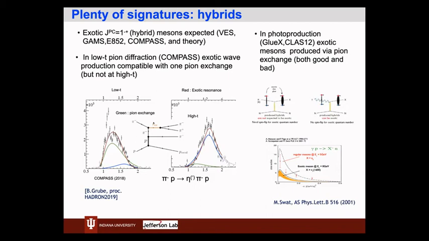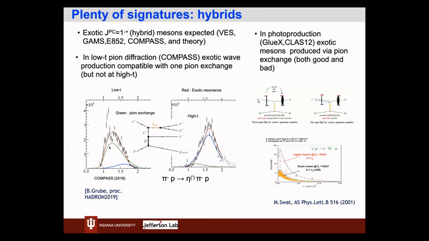Now, the complication of pion diffraction and measurement in the 3 pion final state is the presence of a large contribution from pion exchange, which gives a large background, in particular also a large background projecting onto the P wave. And this is clearly seen in the COMPASS data, specifically at low momentum transfer.